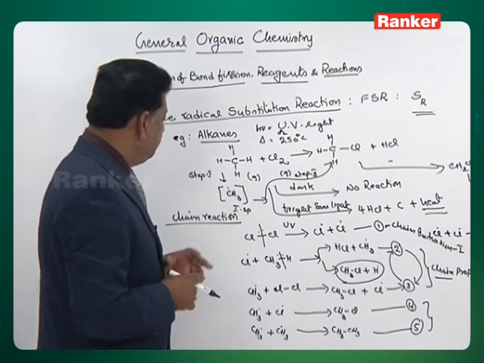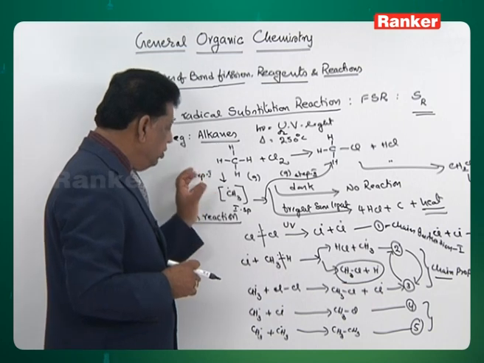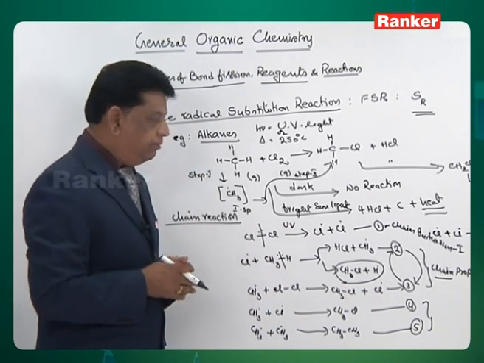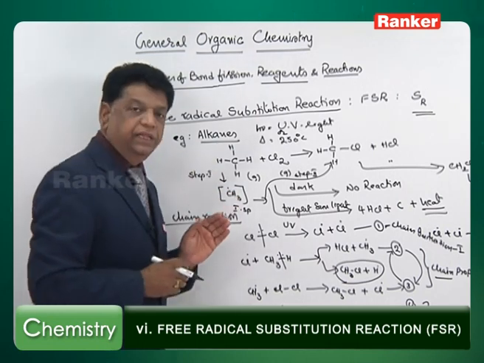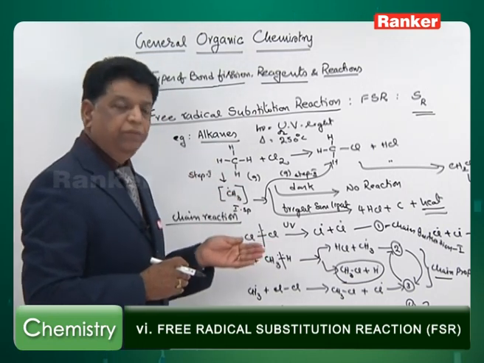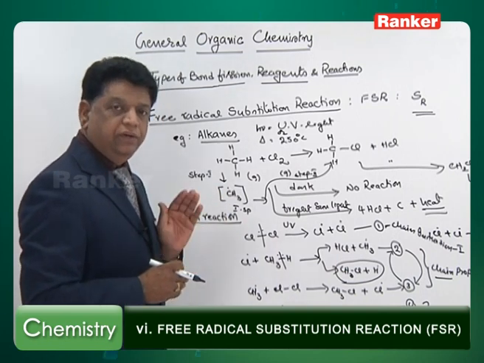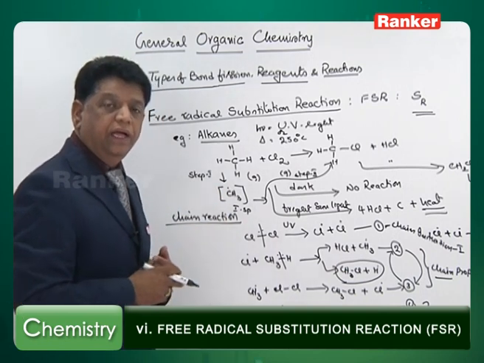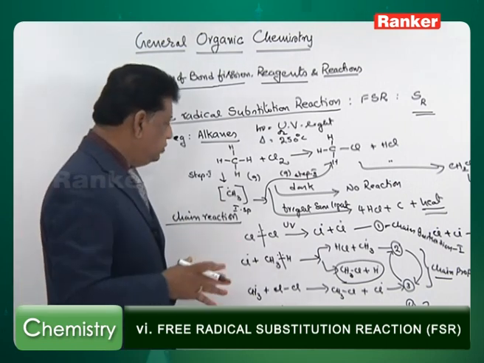In this reaction, the intermediate species is CH3 dot. Once you know this CH3 dot formation mechanism, we can answer questions. For example, instead of methane, if you take propane, you have a chance of getting 1 chloro and 2 chloro. It shows that the 2 chloro is always produced in the major quantity. Why is it so?